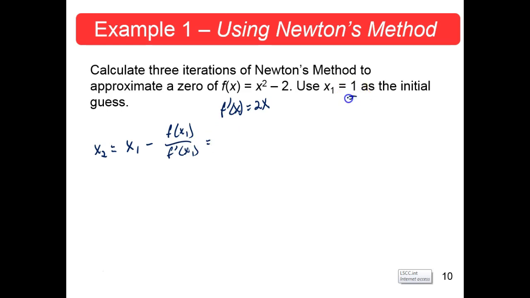x sub 2 is 1 minus, and then what is f of 1?